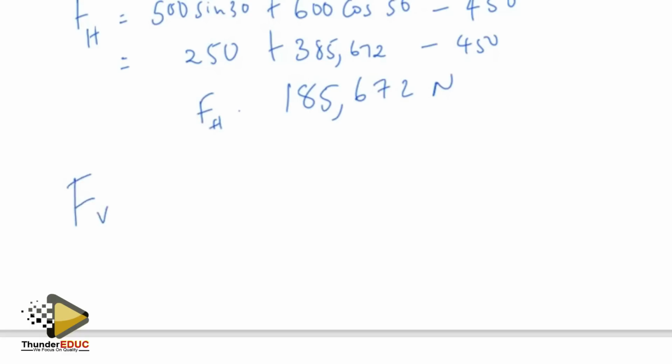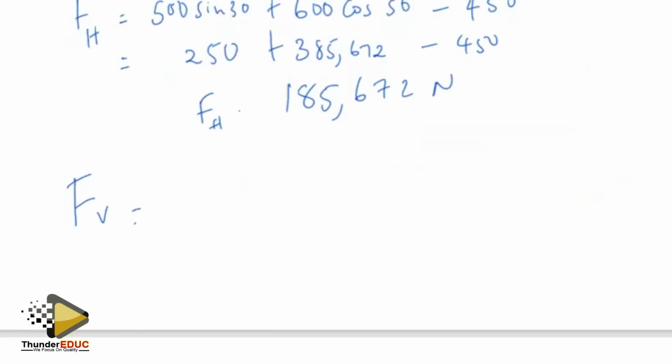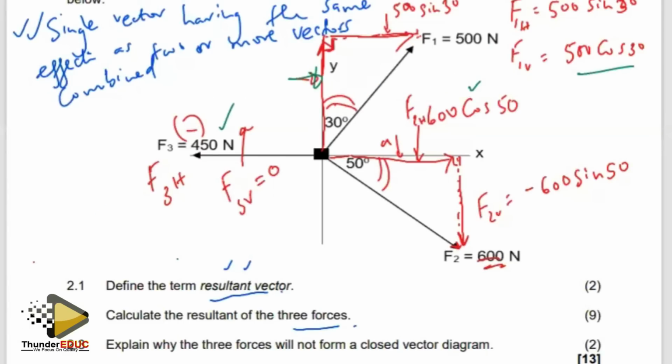Then when I look at the vertical, remember vertical, I have this 500 cos, this one positive. So it's 500 cos of 30. The other one that I have is this negative 600.